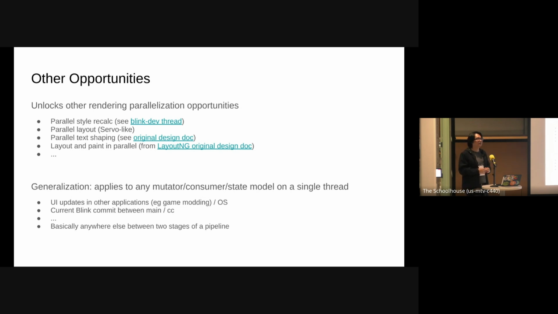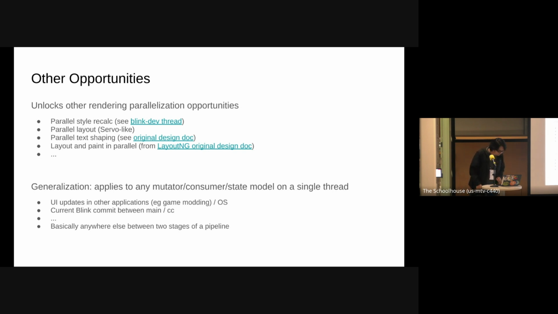For example, maybe we can parallelize style recalc, which has been discussed before on blink-dev, or parallel layout like how Servo is doing, or parallel text shaping, or we can make layout and paint parallel, etc. There are a lot of ideas that have been proposed previously, but none of them have been implemented because we don't have a parallel rendering pipeline at all.